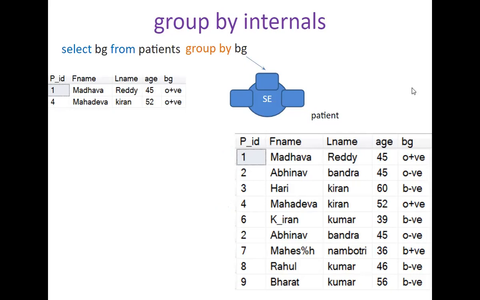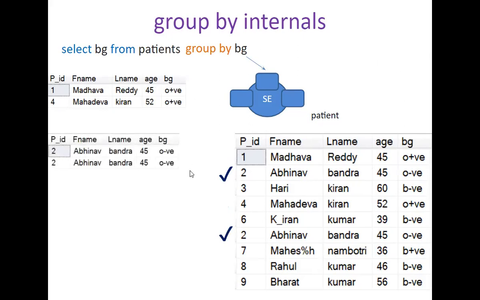So how many patients are there with O negative blood group? 2, right? Patient ID 2 and again patient ID 2. So all the records whose blood group is O negative will be fetched and stored in the second intermediate result set.